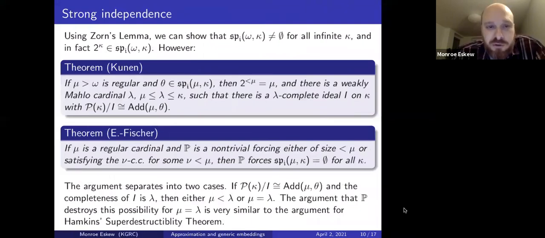So note that using Zorn's lemma, it's easy to show that the omega-kappa independent spectrum is non-empty for all infinite kappa. So start with a single set, or start with one of size 2 to make it non-trivial. Well, no, a single one is fine.